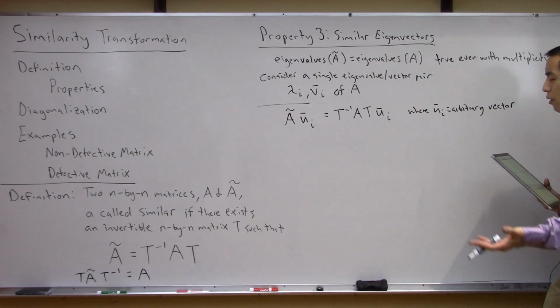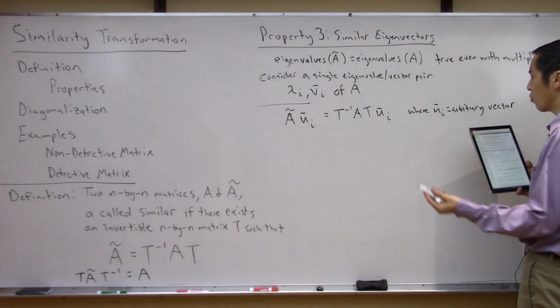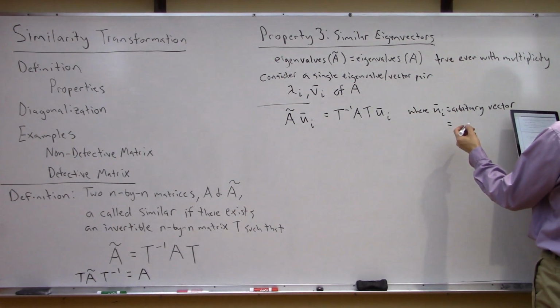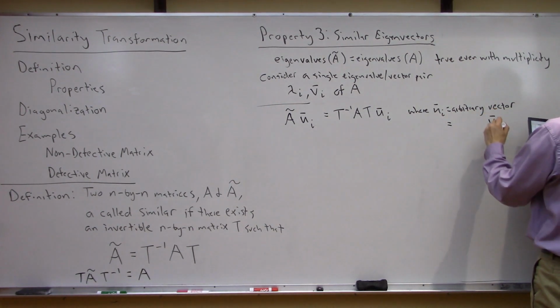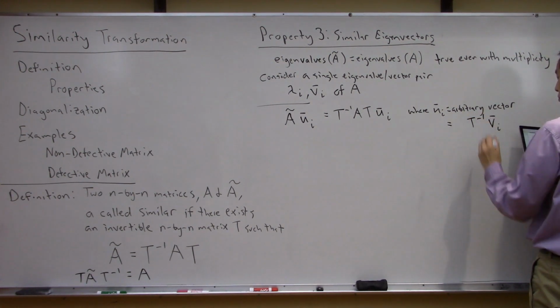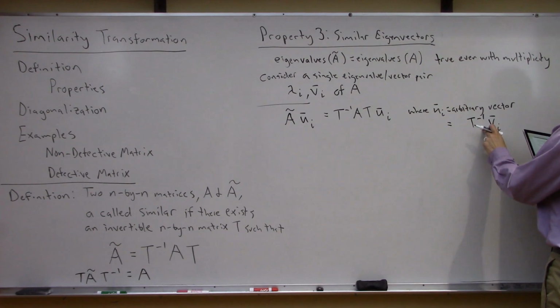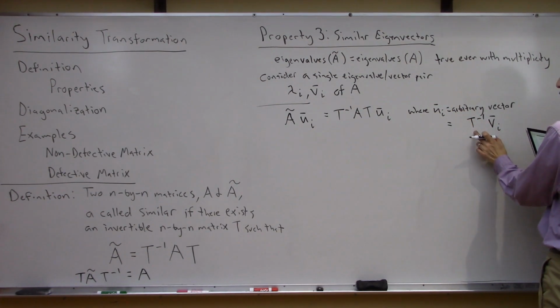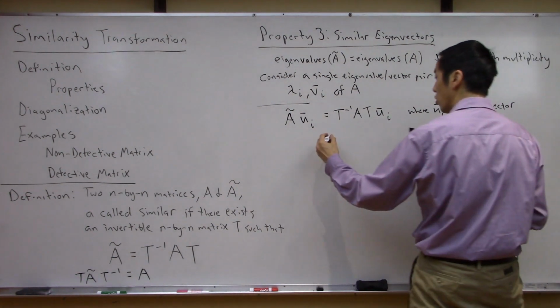Since it's arbitrary, let's make it equal to the eigenvector of A multiplied by T inverse. Let's just pick this. This is going to be the u that I want to multiply by. Great, so let's substitute that in over here. What do we end up with?